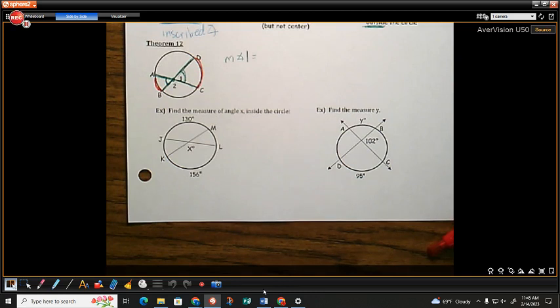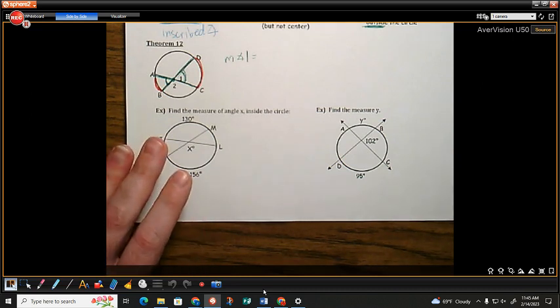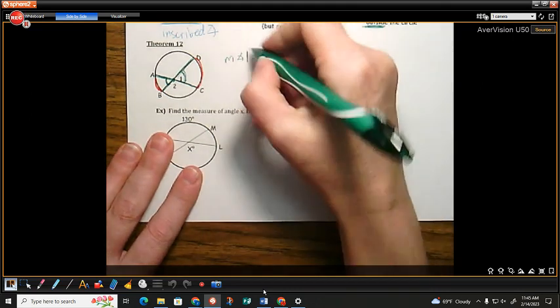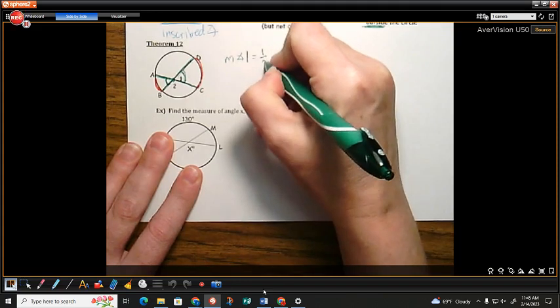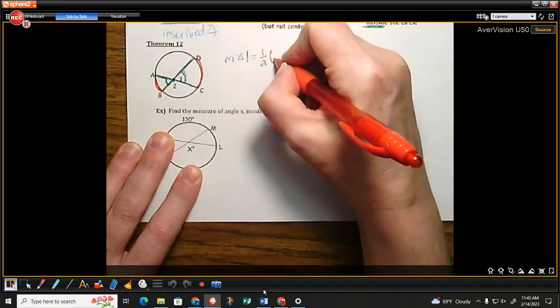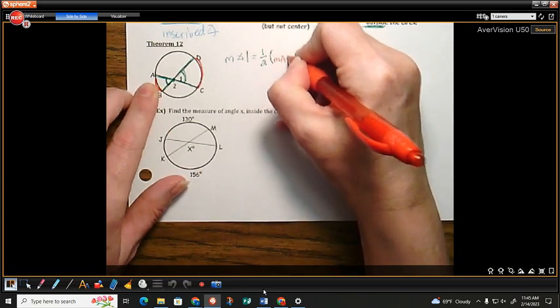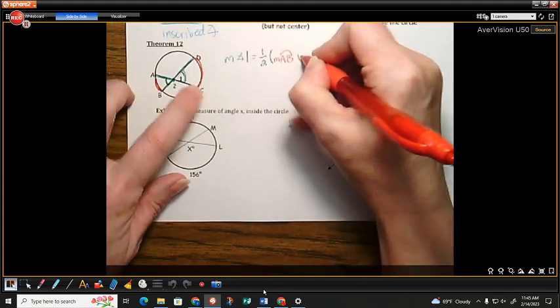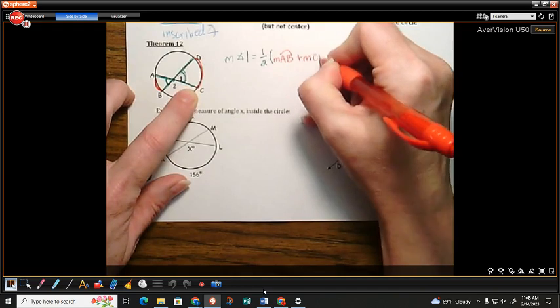Well, one of them's too big, one of them's too small. What could I do instead? You can average the arcs. So you can say, okay, I'm going to do half of the measure of arc AB, and then the measure of arc CD.